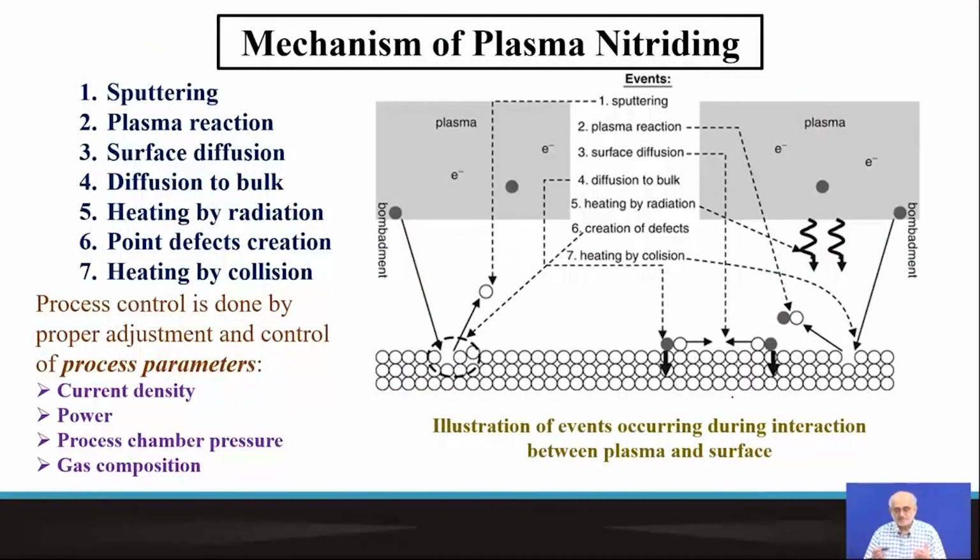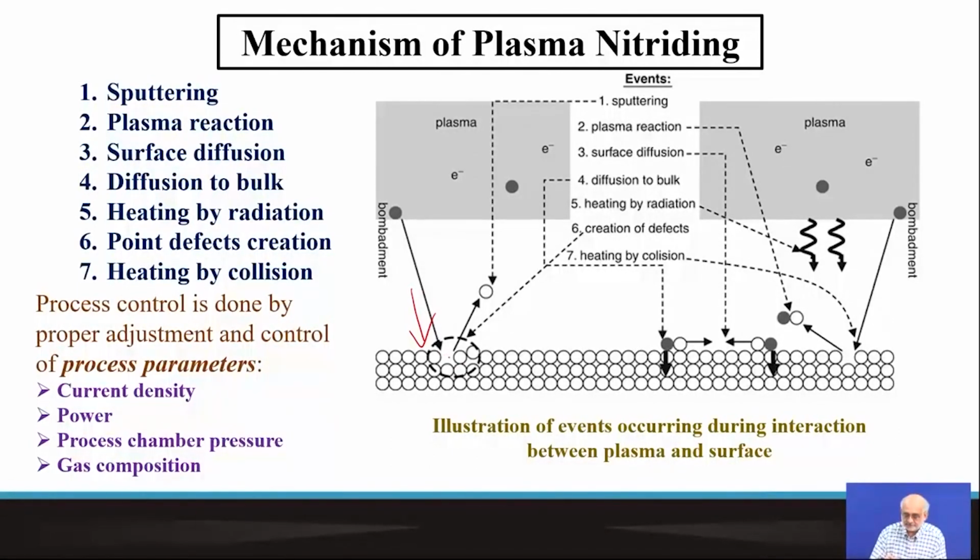The process involves quite a few important stages, and each one has its own specific significance. The first one: once we create the initial plasma, at the time of formation of the plasma, quite a bit of sputtering is possible. The ions get accelerated towards the surface at high velocity.